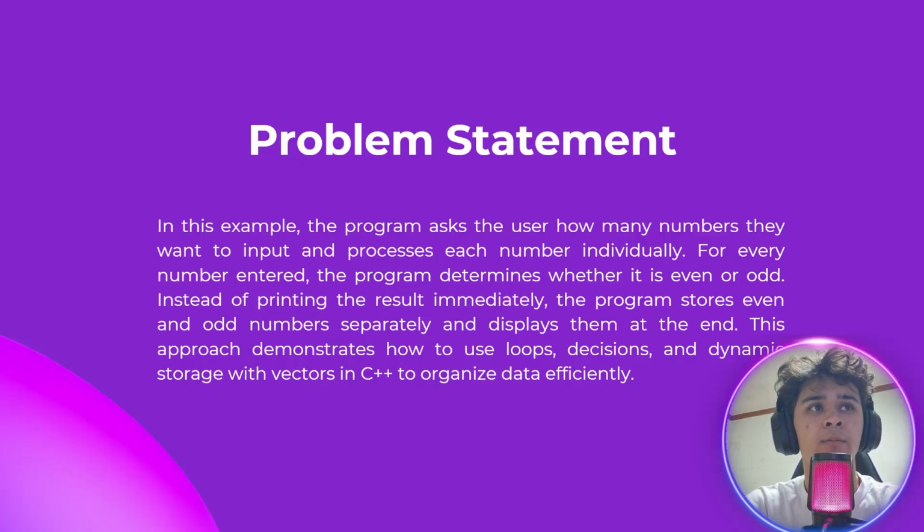For every number entered, the program determines whether it's even or odd. Instead of printing the result immediately, the program stores even and odd numbers separately and displays them at the end. This approach demonstrates how to use loops, decisions, and dynamic storage with vectors in C++ to organize efficiently.